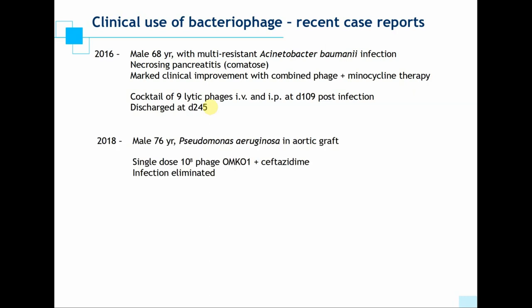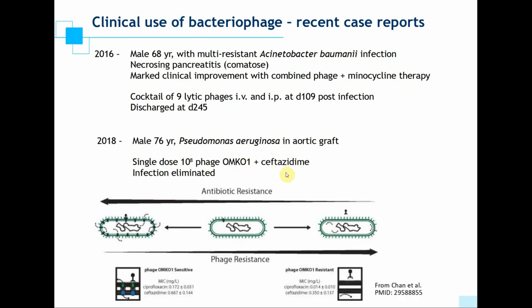Now, another case report 5 years ago now, another elderly patient, another gram-negative bacterial infection, resistant to antibiotics. And this one's really clever because they gave him a dose of a particular bacteriophage plus an antibiotic. And that worked.